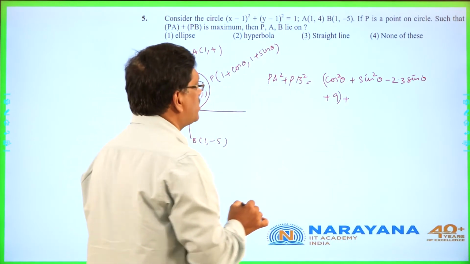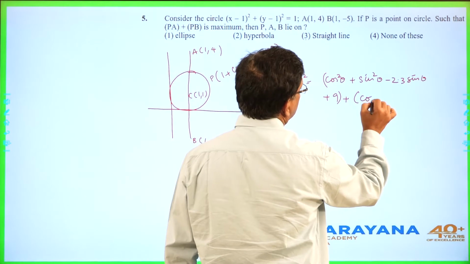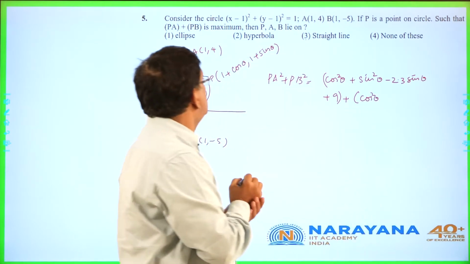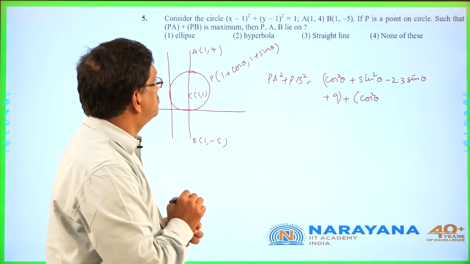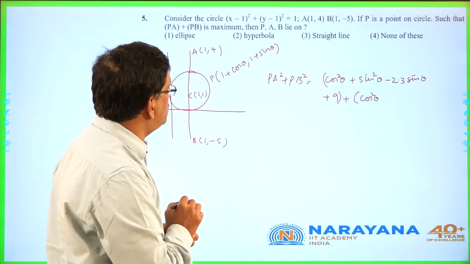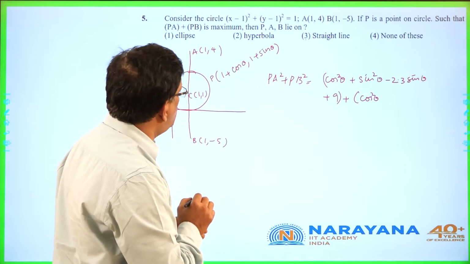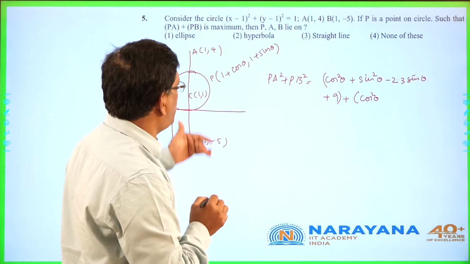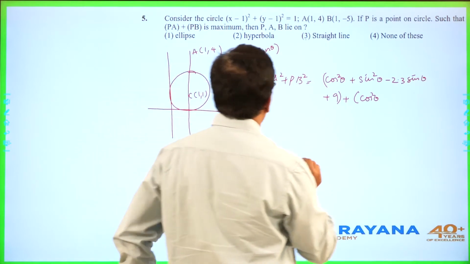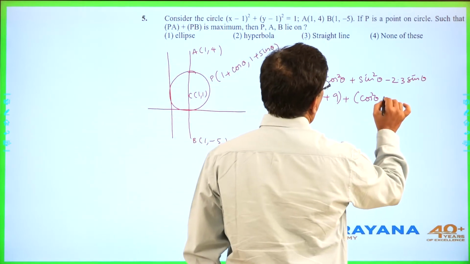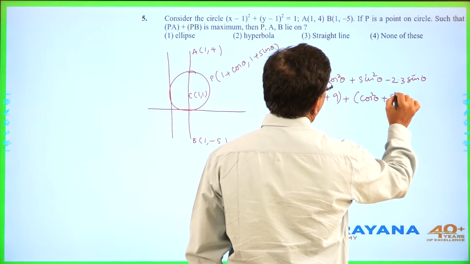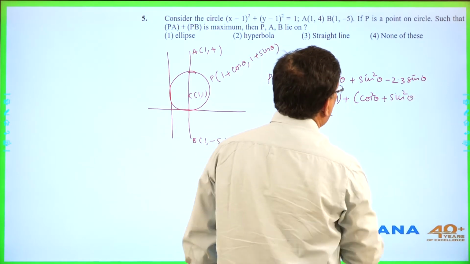PB square: 1 cancels, cos square theta. Right? 1 plus sin theta minus 5. So we can take it as minus 5 minus that one. Cos square theta, this is 5 plus sin square theta minus.